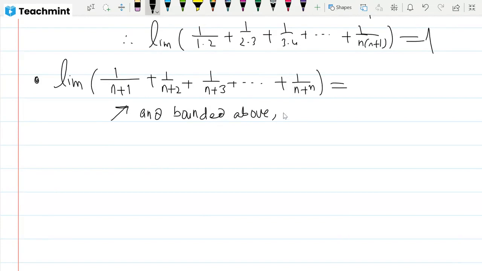So therefore by MCT, this x_n converges, so it must have a limit. But what the monotone convergence theorem says is, if it is increasing and bounded above, then it converges to the supremum. Now, are we able to find the supremum of this sequence? Is it always possible?